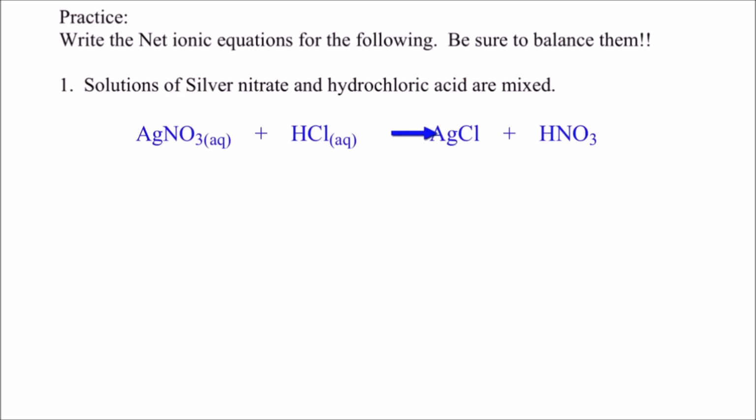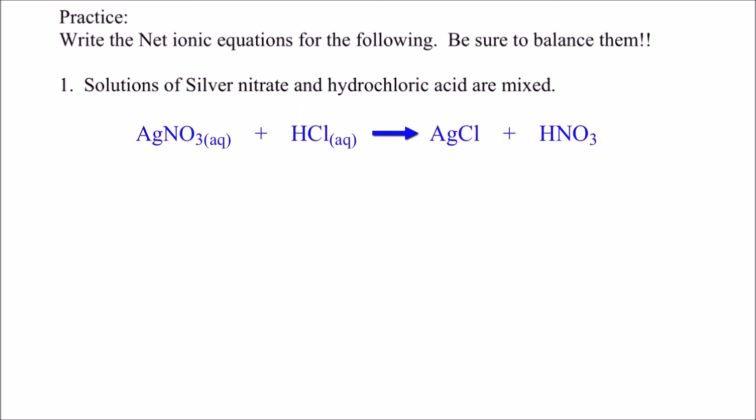Okay, so we have predicted our reaction, and now we need to use our solubility rules to decide which things are going to dissociate and which things are going to stay together. So I see that we have nitrate ion here. That means that this is always soluble. It'll break down. I see that we have hydrochloric acid, and according to our acid rules, this is a strong acid.